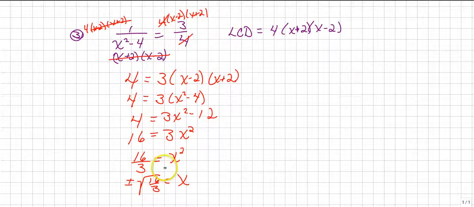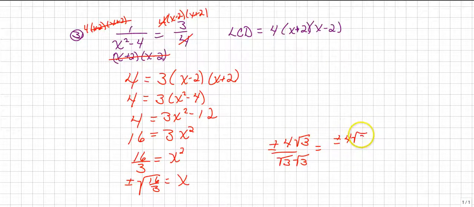And we can clean that up a little bit by rationalization. The numerator, of course, is a perfect square, so we get plus and minus 4 over root 3, and then I'm going to rationalize by multiplying numerator and denominator by root 3 and get plus and minus 4 root 3 over 3 as our final answer, which is our x.